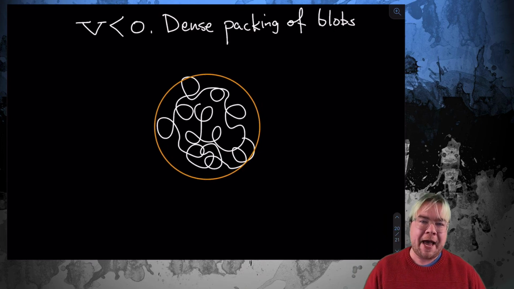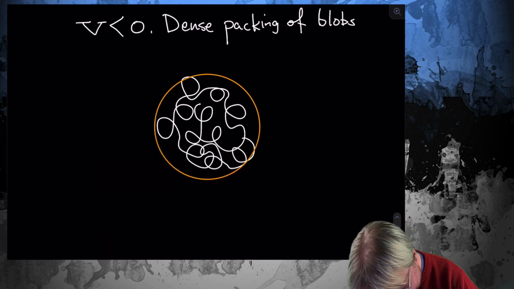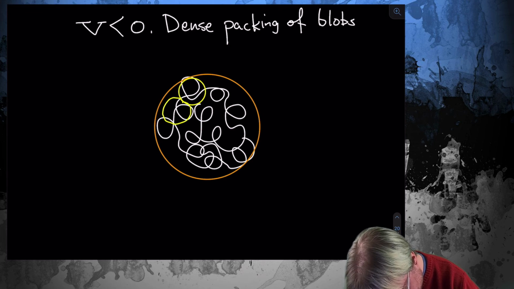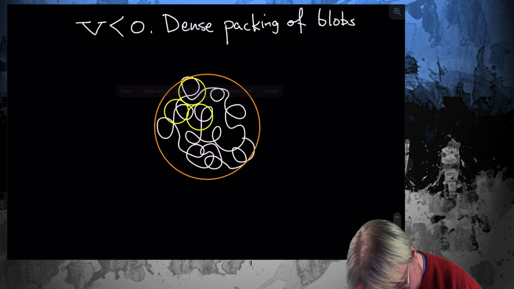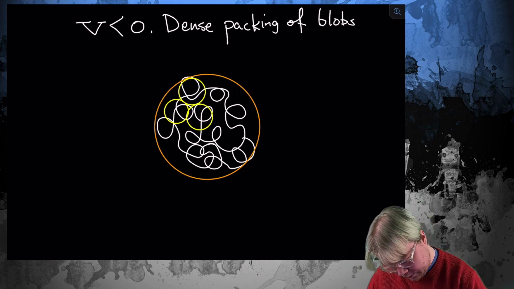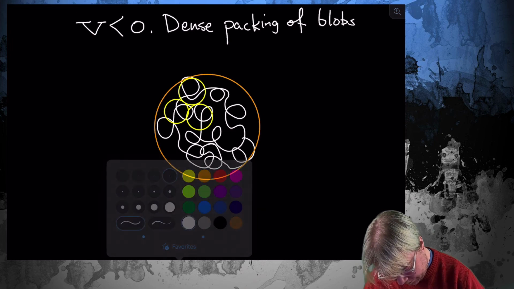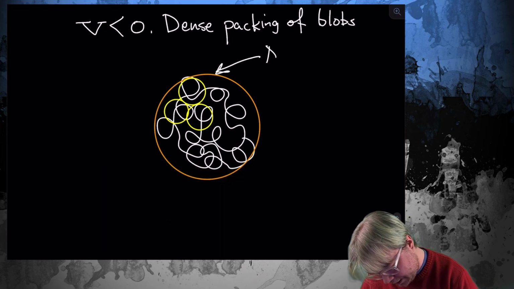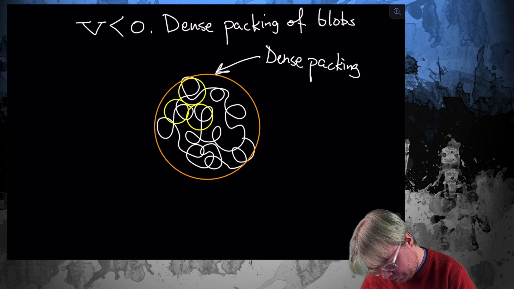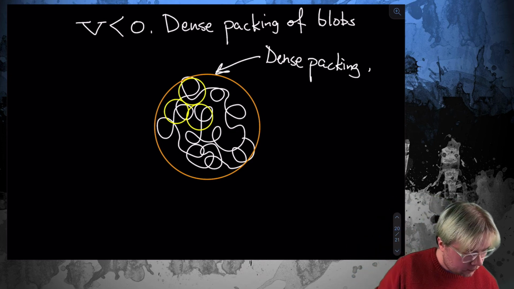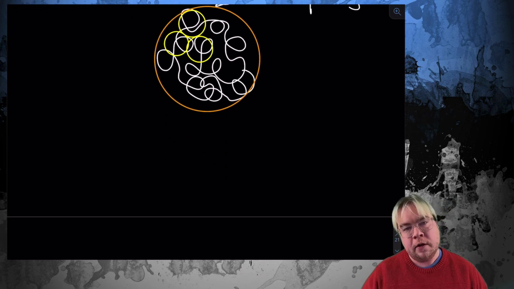So if I have a dense packing of blobs, then that means that inside I've got literally a dense packing of the blobs. And I'm not going to draw all of them in, but you kind of get the picture here, right? They're all going to be packed in. So this is my dense packing of blobs. Cool, can do that.